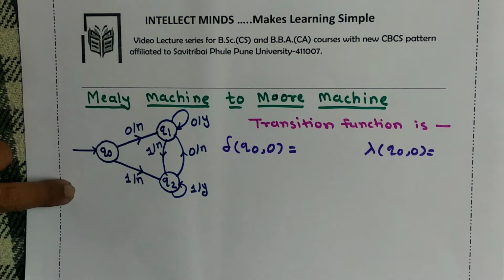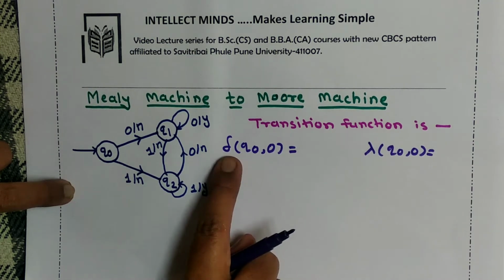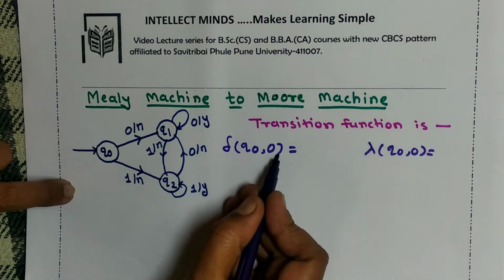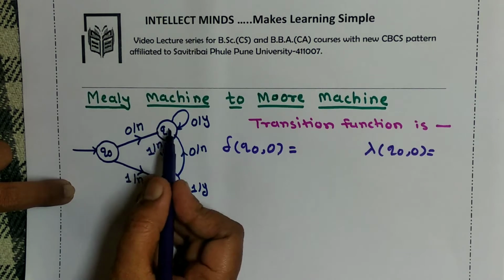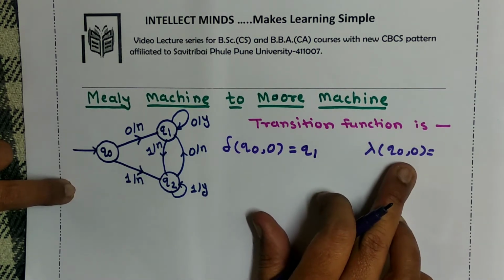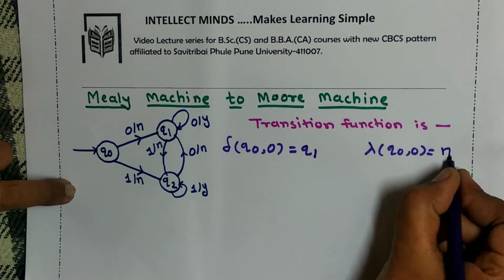What does lambda mean? Lambda means what it gives, and delta means from where it goes to where. So by taking 0, Q0 goes to Q1 and gives the output N. You can see in the diagram, N.